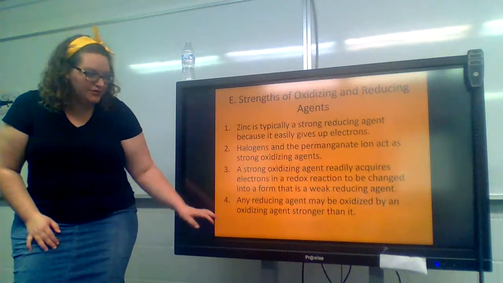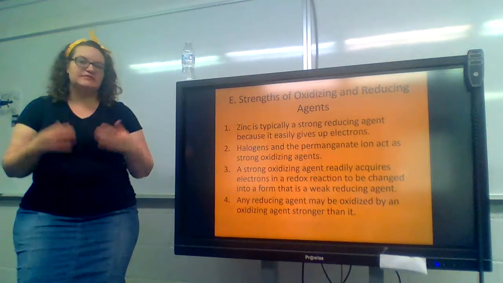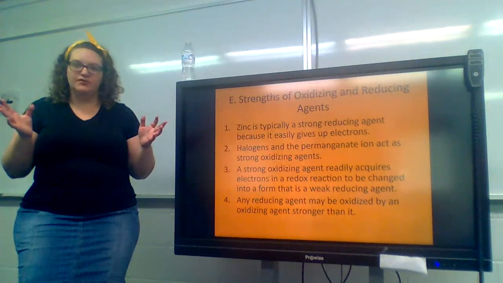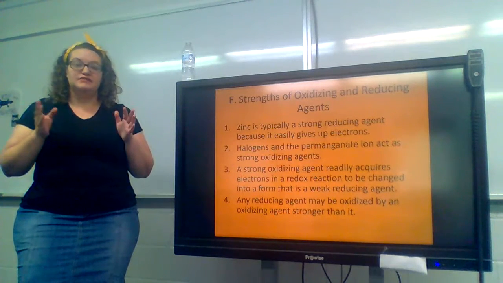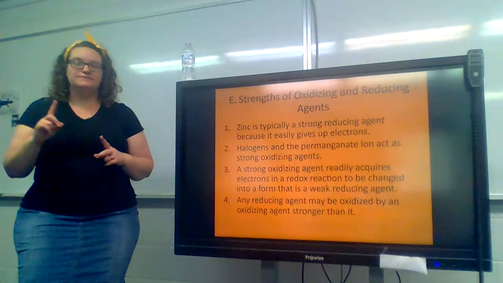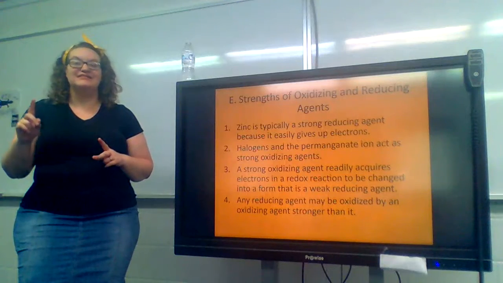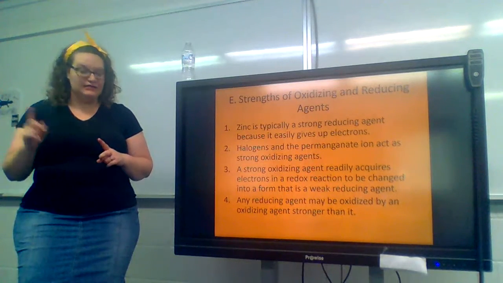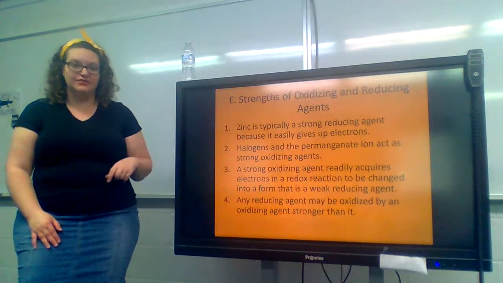Any reducing agent may be oxidized by an oxidizing agent stronger than itself. So if the reducing agent has an oxidation number of +1, just for argument's sake, any oxidizing agent that has an oxidation number higher than +1 has the ability to oxidize that reducing agent.